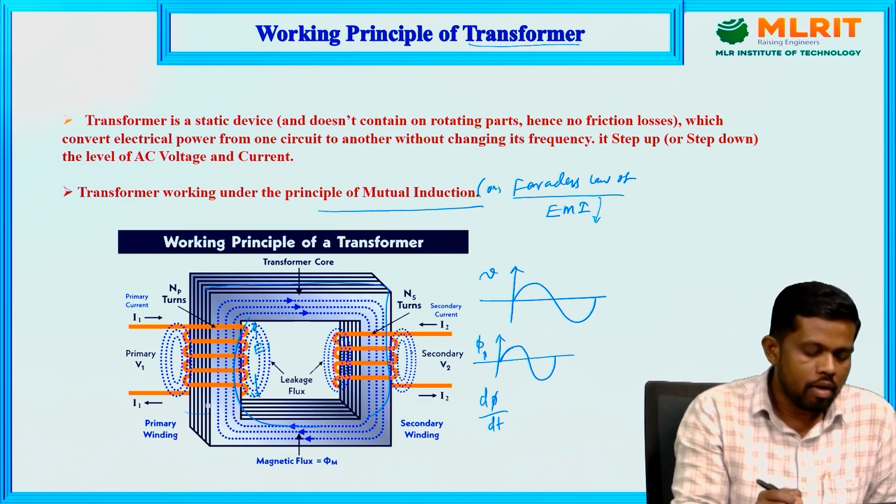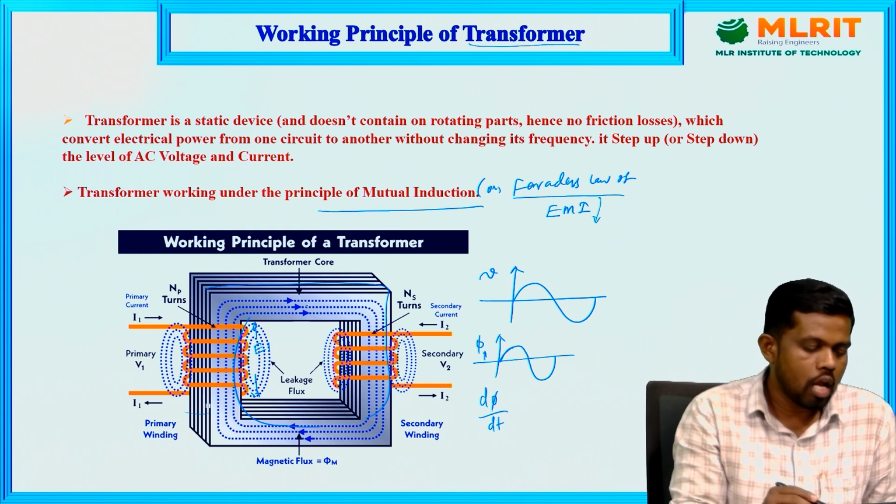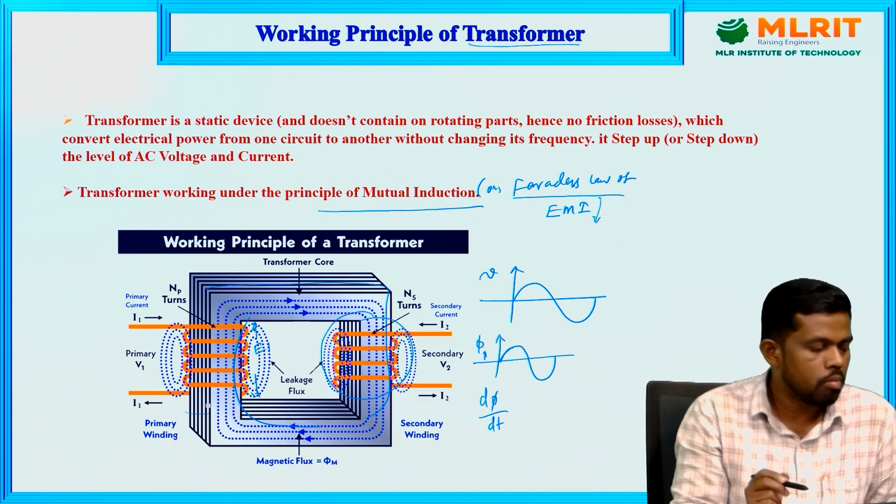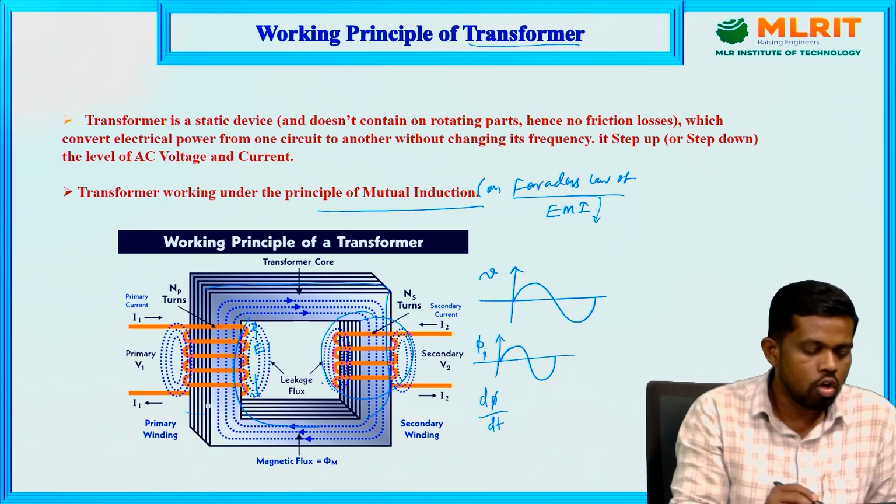We have also wound another coil over the transformer core. Based on the transferring capability of the magnetic flux, an EMF also gets developed on the other coil of the transformer. This is called mutual induction.